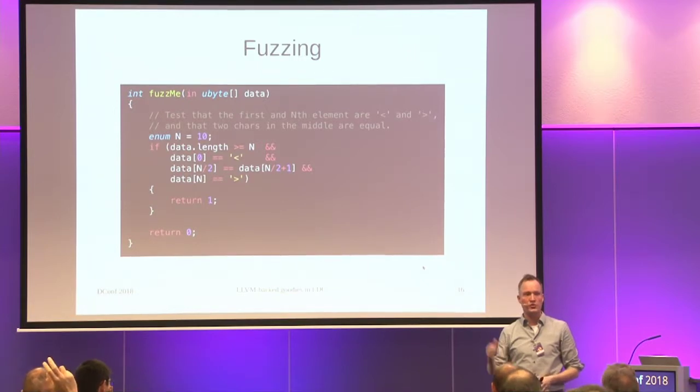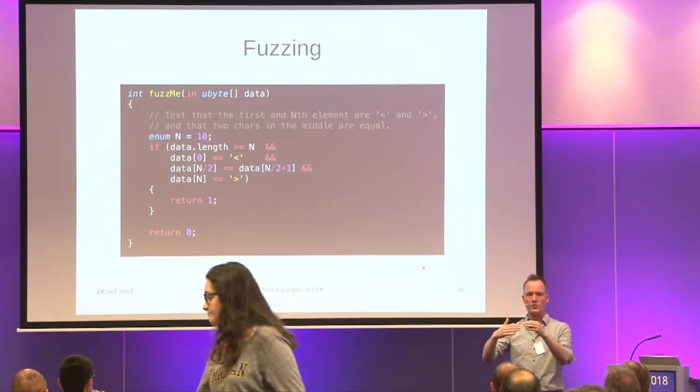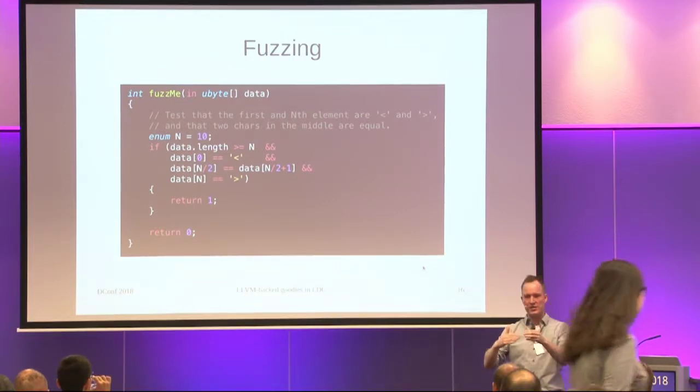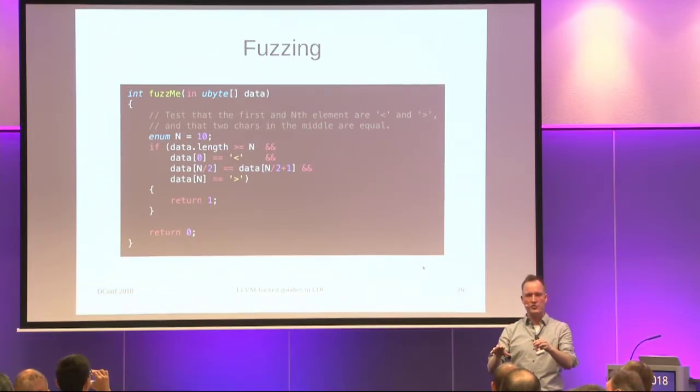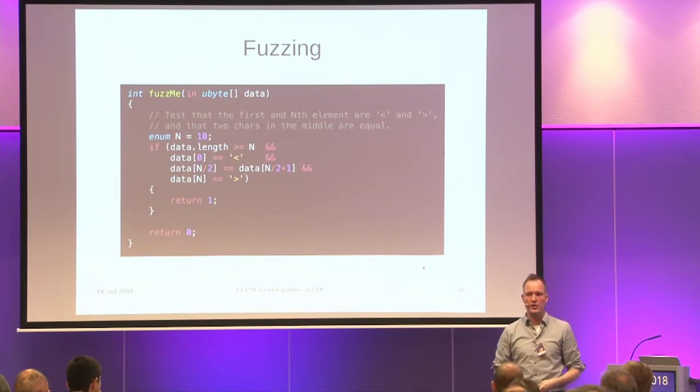Also, what you can do is run this forever, right? You can just keep it running and build a corpus of test cases to reach deeper parts of your program, and then combine those for more random data.